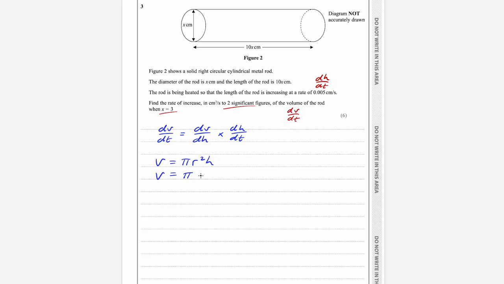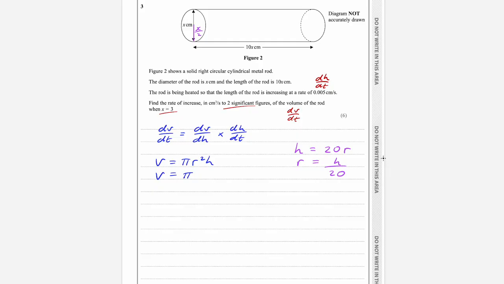So V is pi r squared h, but I don't want the r. Be careful, that's the diameter. x is the diameter, so r is x over 2. But what I care more about is how much bigger the height is than the radius. Well, it's 10 times bigger than the diameter, which means it's 20 times bigger than the radius. So h is equal to 20r, which means r is equal to h over 20.